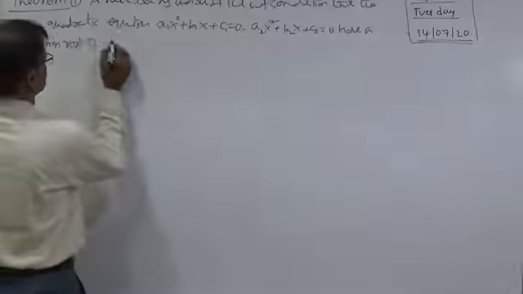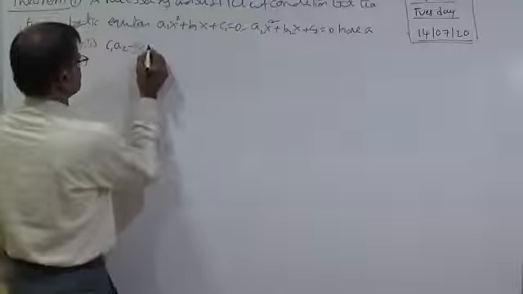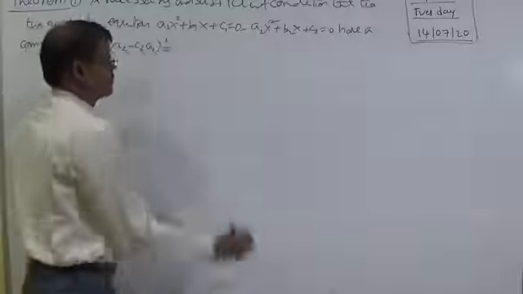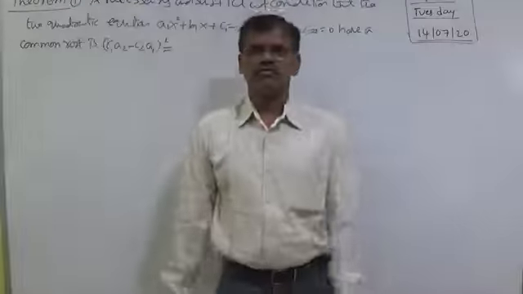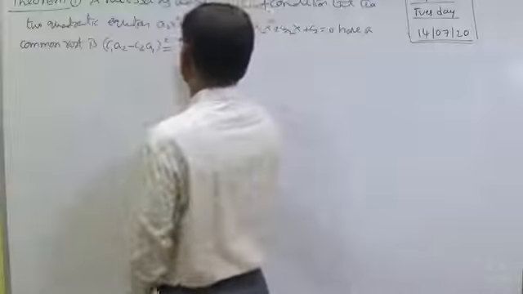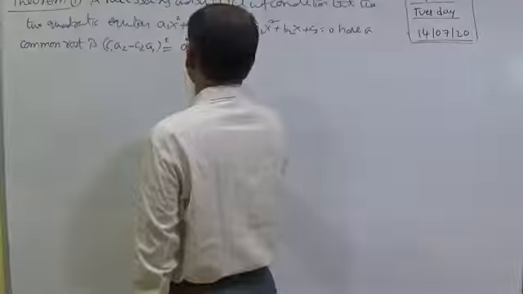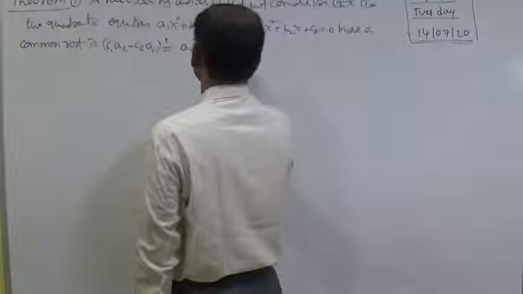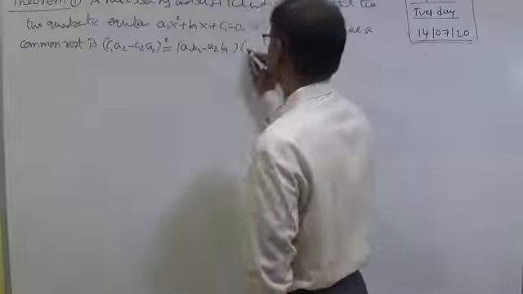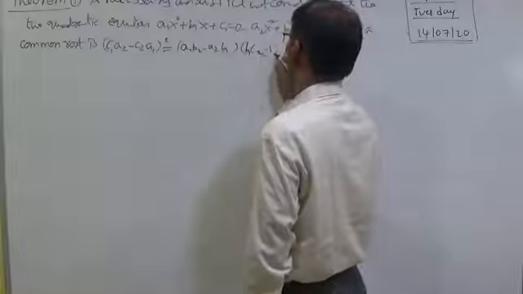is, this is the formula: c1a2 minus c2a1 whole square. You should remember the formula also for objective and IP also. c1a2 minus c2a1 whole square is equal to a1b2 minus a2b1 into b1c2 minus b2c1.